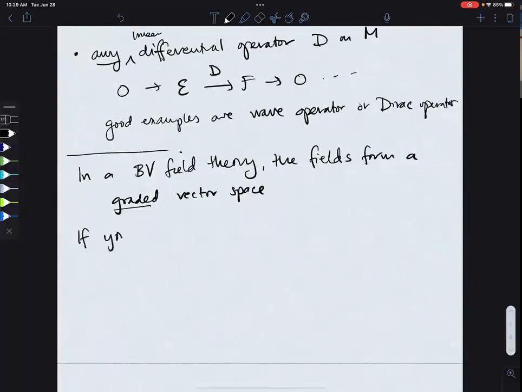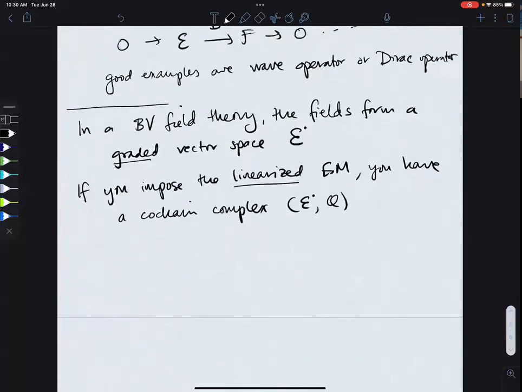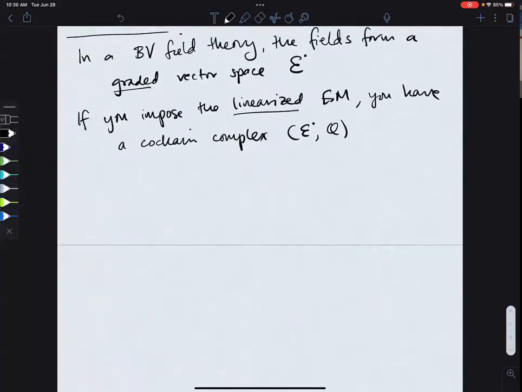And if you impose the linearized equations of motion for your theory, we call this graded space of fields E, you have a cochain complex. So I'll put Q for the linearized equation of motion. Q because it comes from the quadratic term of the action functional. So in the BV formalism, you're working in a setting where chain complexes show up very naturally.